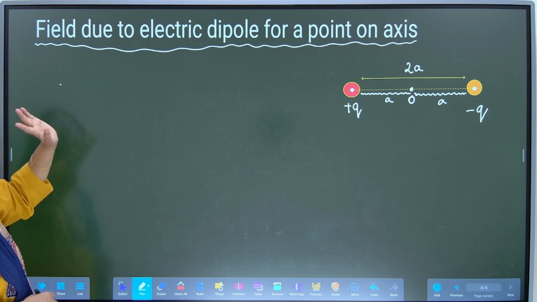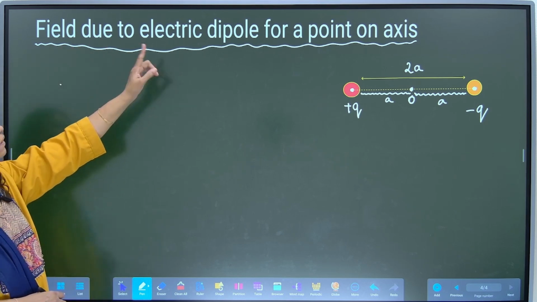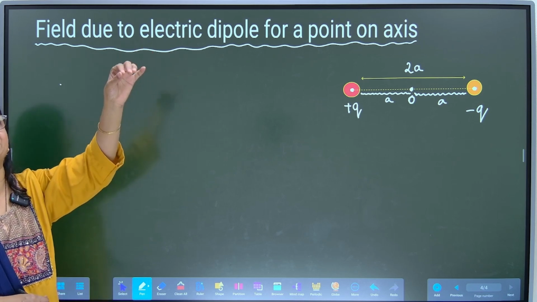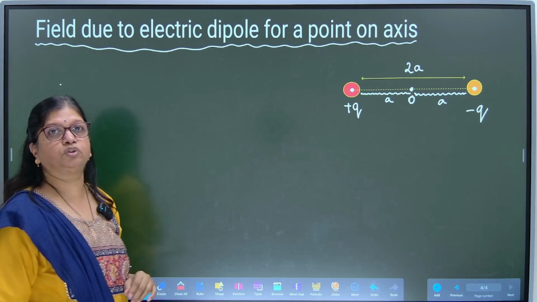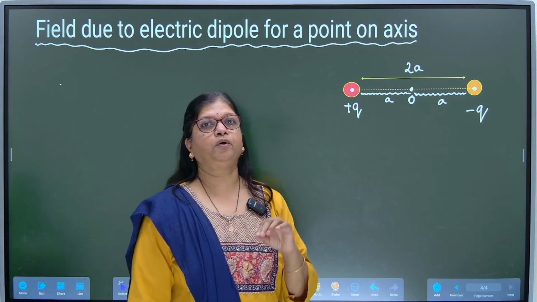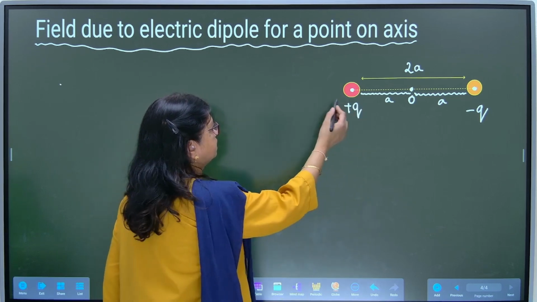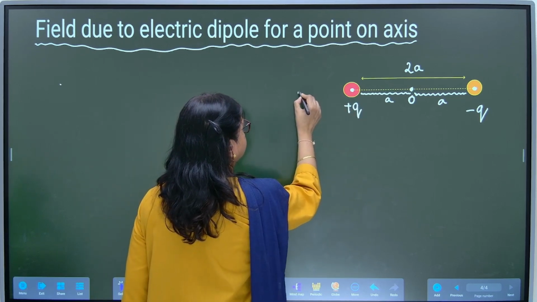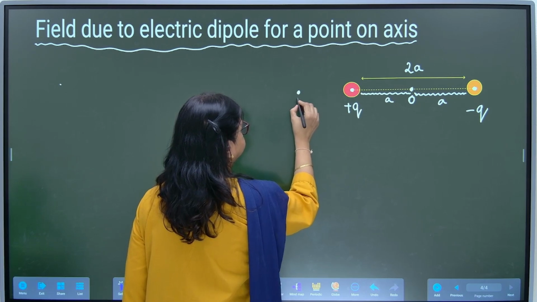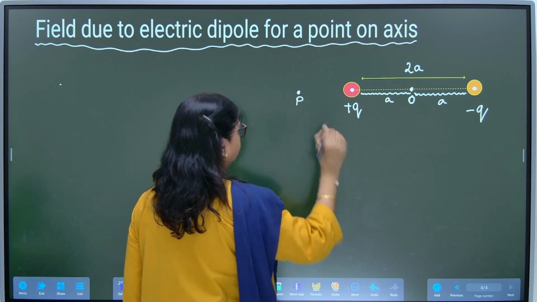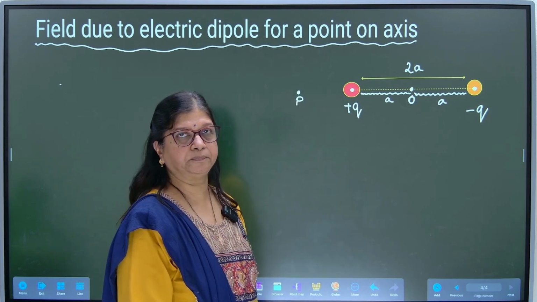So now here our topic is field due to electric dipole for a point on the axis. So where is the point? Point on the axis, correct? So let us take a point on the axis. Let us put a point P here.